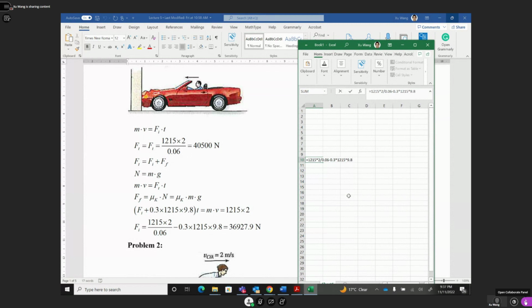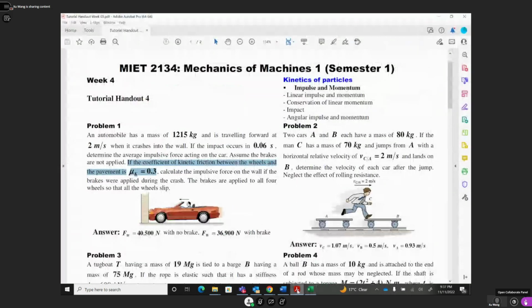You can type in this formula and enter, and you get the result, 36927. You compare this result with the standard answer. The standard answer is 36900. What I get is the same.